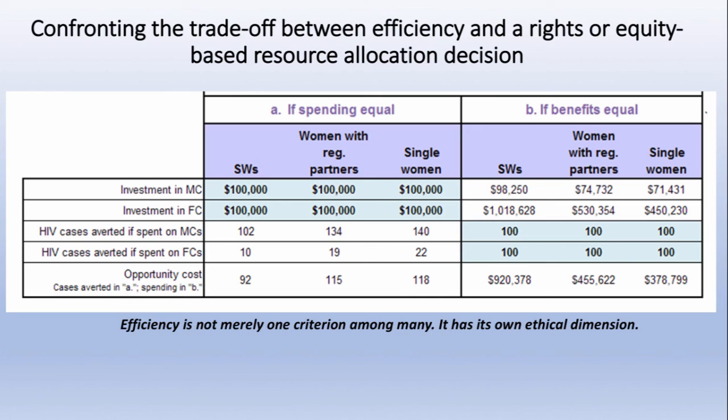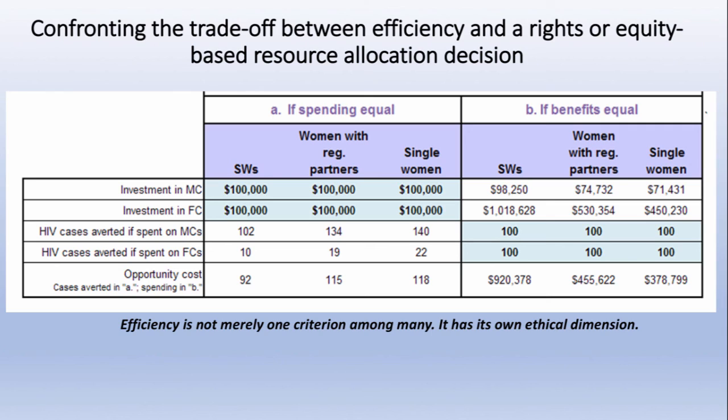As I mentioned, we had no way of measuring quantitatively what those benefits were, but we did have a way of thinking about how much one would need to value that in order to give up the extra health benefit that you get from investing in male condoms rather than female condoms. So we looked at 3 different risk groups: sex workers on the left, women with regular partners, and then single women who have casual partners. And if you have $100,000 to invest in condoms, the opportunity cost of investing them in female condoms is, if you look at the left part of the table, between 92 and 118 additional HIV cases.